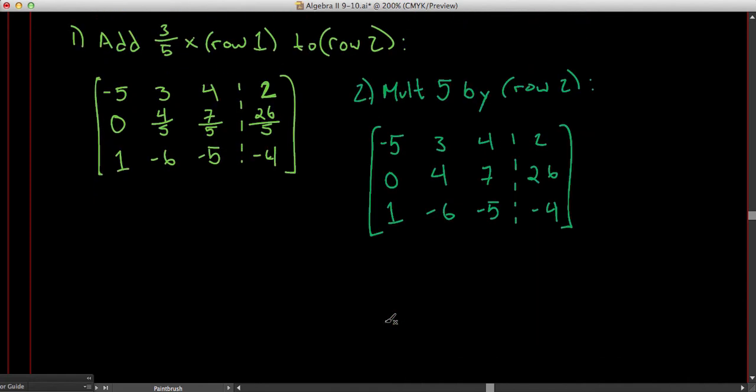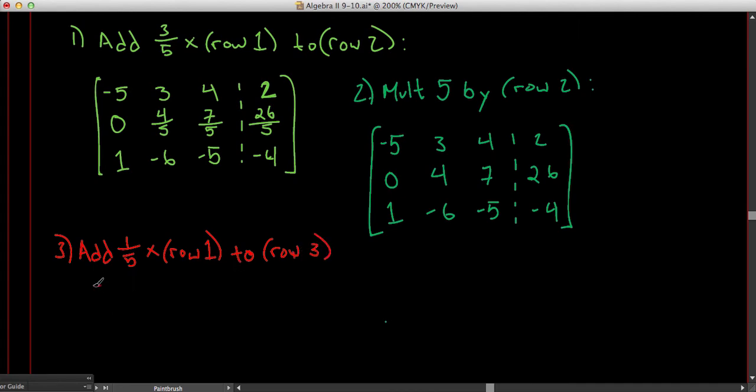So if I do that, I will have our third operation as add 1/5 times row 1 to row 3. Okay.